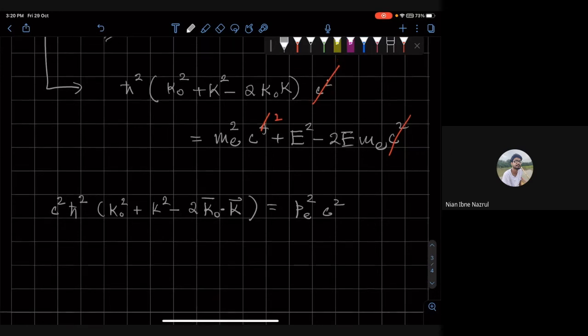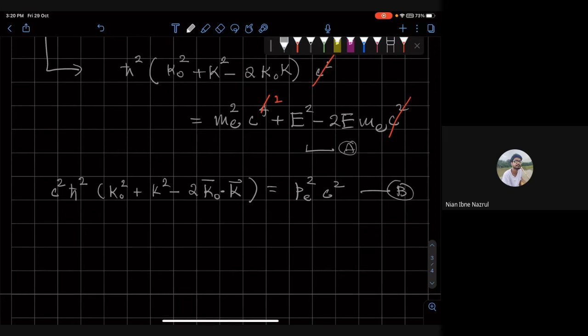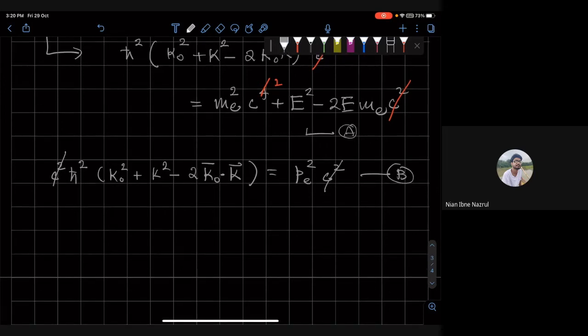So now we have these two equations. This is equation, say, A, and this is equation B. And we can then subtract these two equations, right? Actually, I don't need the c squared here because I've gotten rid of c squared in the previous equation. So if I now subtract these two equations, what do I get?